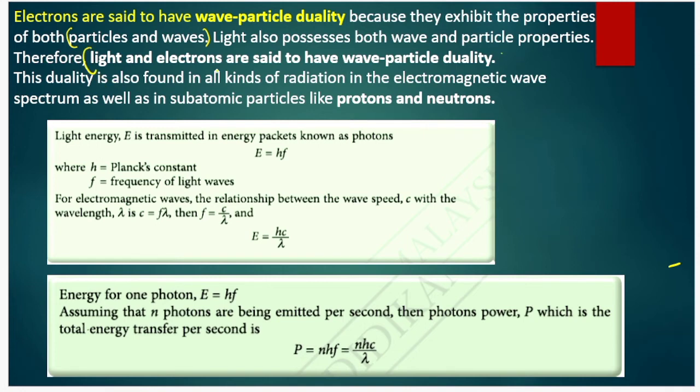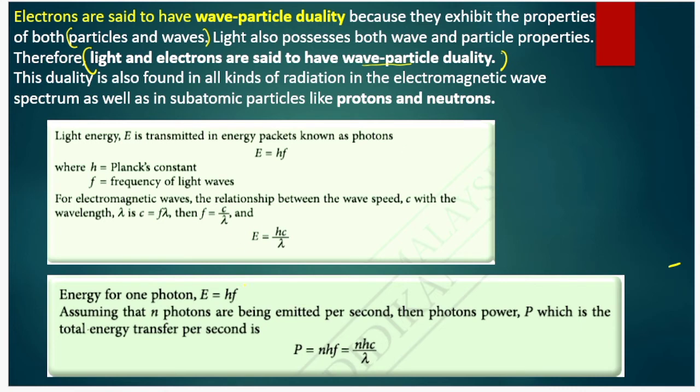The duality is also found in all kinds of radiation in the electromagnetic wave spectrum, as well as in subatomic particles like protons and neutrons.